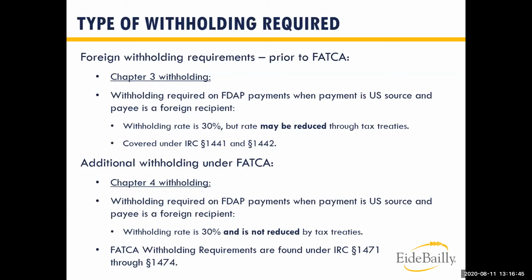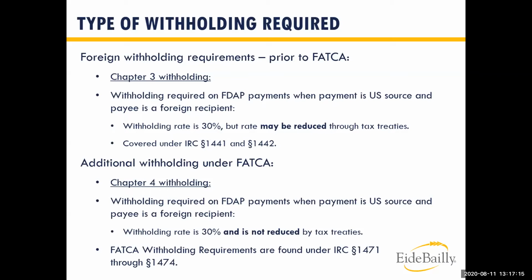And so FATCA was established to hold the foreign banks accountable to identify those people. We refer to FATCA as Chapter 4 withholding. And Chapter 4 withholding is required on FDAP payments when the payment is US source, again, similar to Chapter 3 withholding. The difference here is that it is not reduced by a treaty.